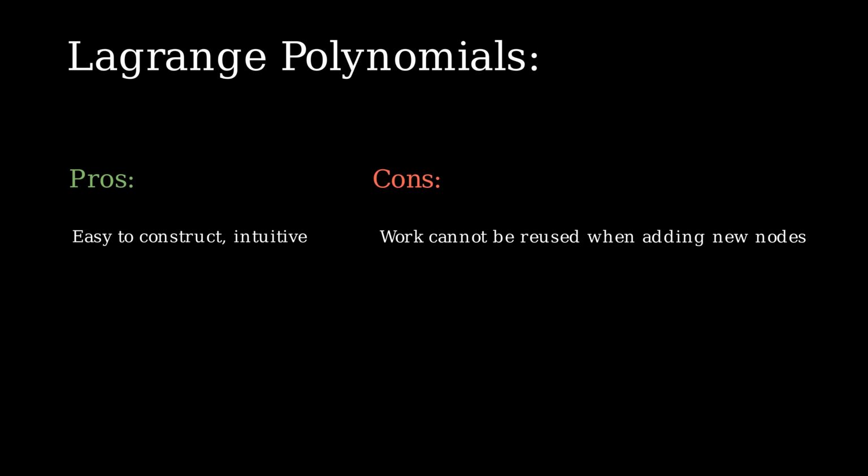This is in contrast with Newton's divided differences, where only marginal additional work must be done to make the polynomial interpolate an additional node. For this reason, Lagrange polynomials are rarely, if ever, implemented as algorithms, since Newton's method lends itself more easily to efficient computation.